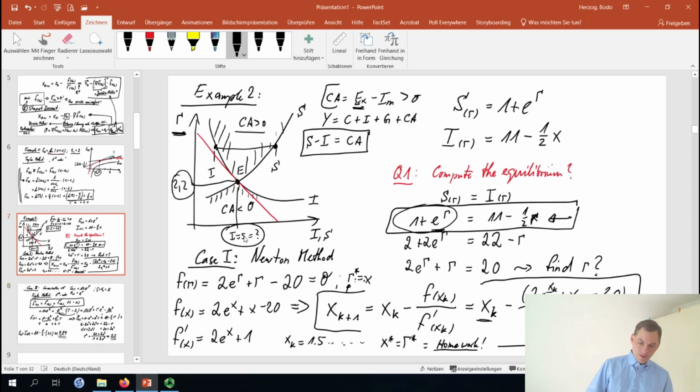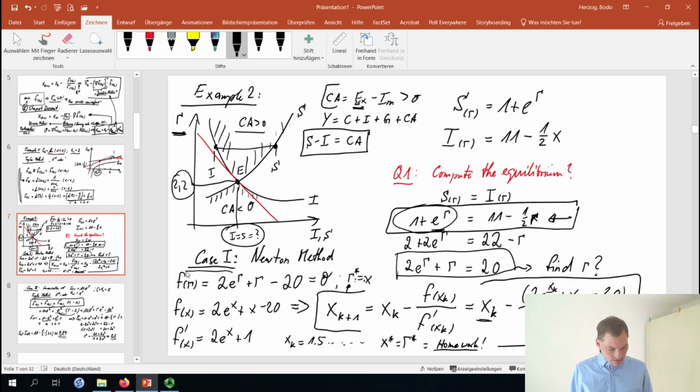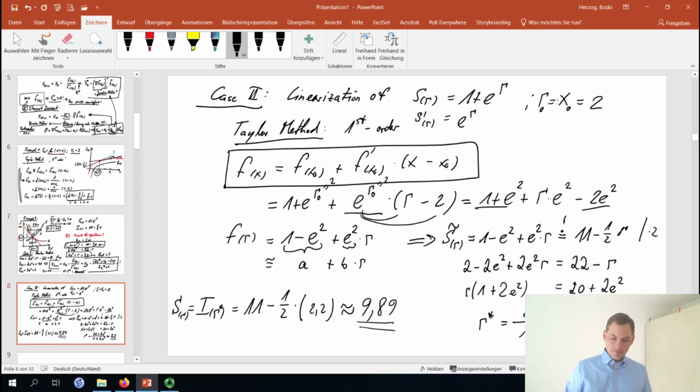And you see there are 2 ways to proceed. One way is you equate it, and then you see, well, this cannot be easily solved for r. Then you have to use Newton's method, do this iteration, and then you would get a relatively precise r. That would be precise, but it takes this iterative way.